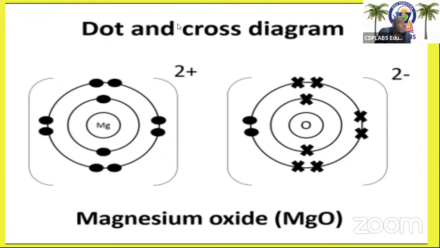So for the dot and cross diagram, this is called a dot and cross diagram, right? If you notice, it has the brackets around it. You put your brackets around it, dot and cross. Now, this is magnesium, and this is oxygen.